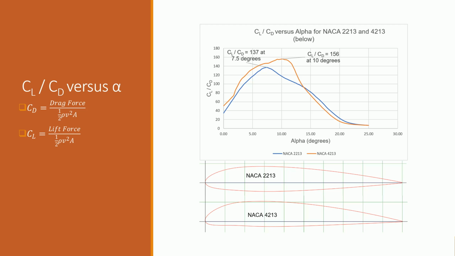For the aerofoil with the 2% maximum camber, the angle is 7.5 degrees, and the aerofoil with the larger maximum camber of 4% has a steeper angle at 10 degrees of attack. The more curved the aerofoil is, the more lift the aerofoil produces.